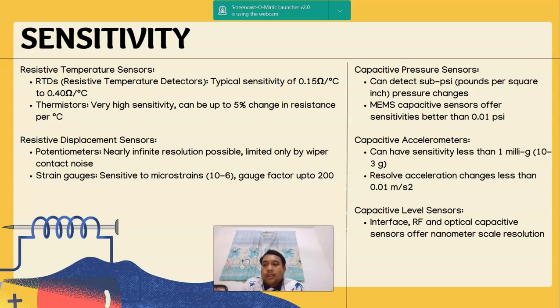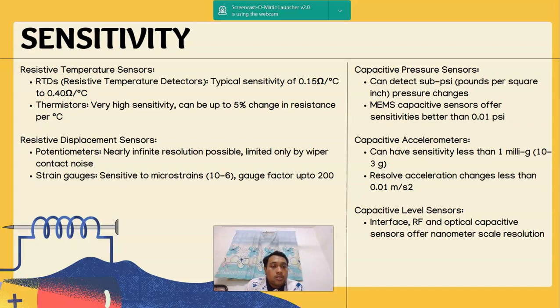Thermistors have very high sensitivity, up to 5% change in resistance per Celsius. For the resistive displacement sensor, the potentiometer has nearly infinite resolution possible, limited only by wiper contact noise. The strain gauge is sensitive to microstrains, 10 to the power of minus 6, with a gauge factor of up to 100, up to 200.